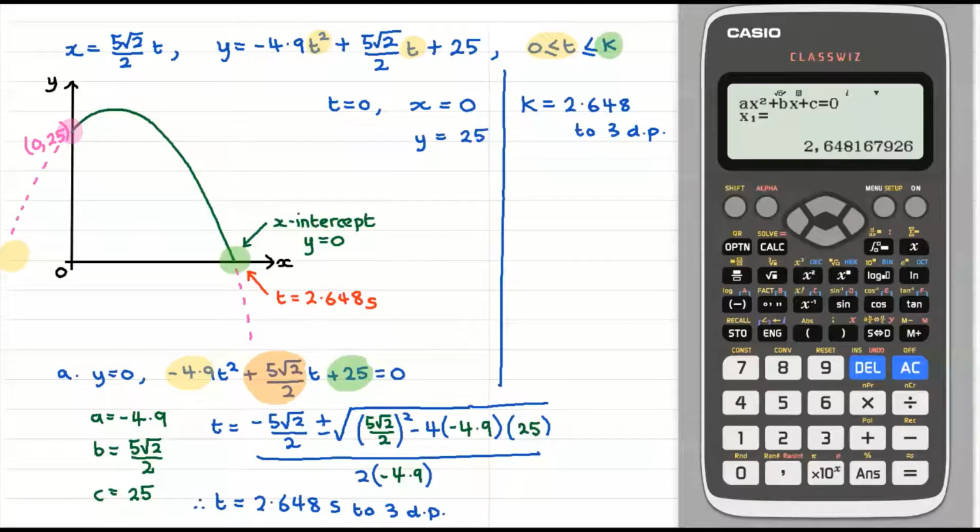So that was all part A. Now for part B, we have to find the horizontal distance it's traveled in that time. If we look at the diagram again, the horizontal distance starts at 0 and moves to the point I've just highlighted. So if we sub our parameter value for when y equals 0 into the x equation, we'll get the horizontal distance it's traveled.